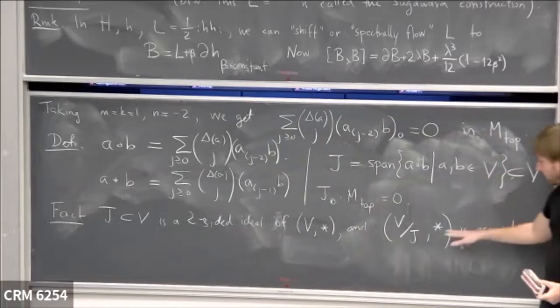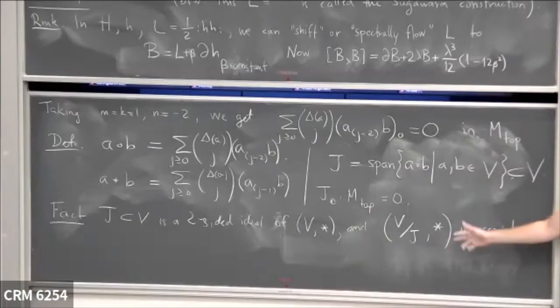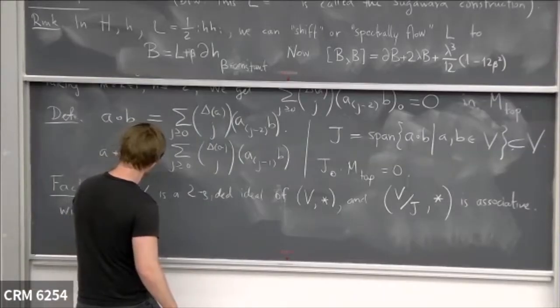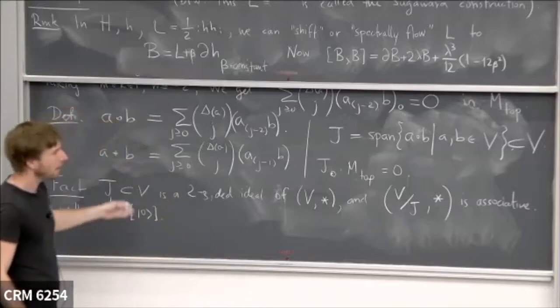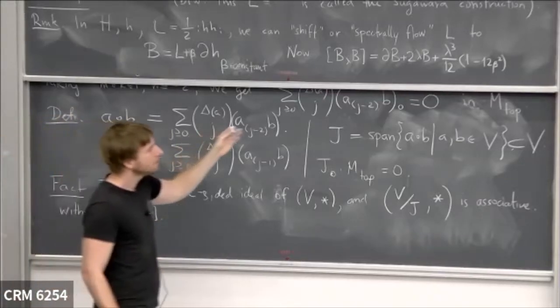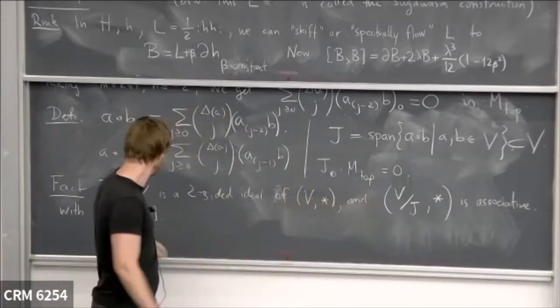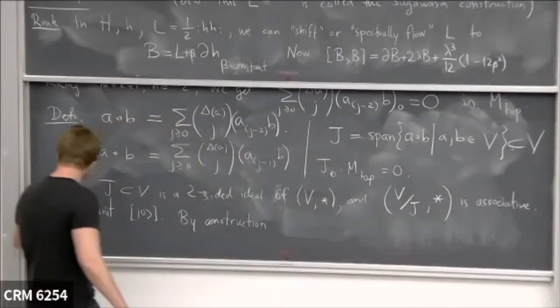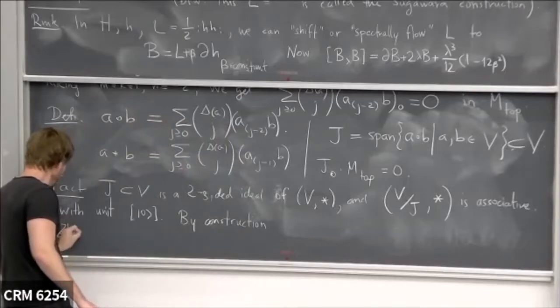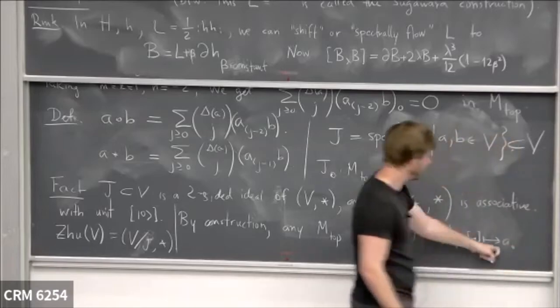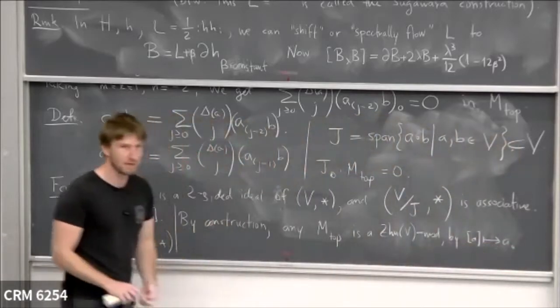And the class of the vacuum vector becomes the identity in this associative algebra with unit. By construction, the top piece of any V module is a module for this associative algebra. So let me give the name for this: this is called the Zhu algebra. By construction, by letting the class of A act by A0, we get a module.